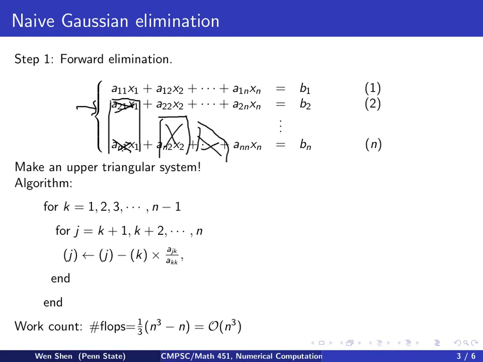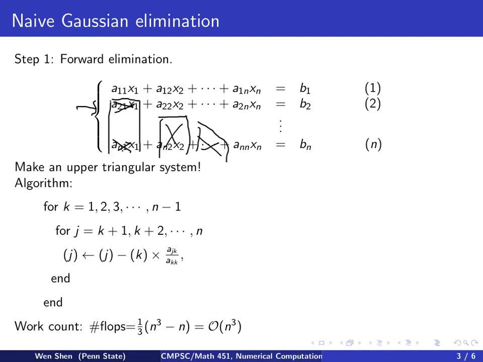And therefore we have the second for loop to do that. And then for each j, we take equation number k, multiply by a suitable constant, ajk over akk, and then subtract it from equation j to make that entry 0. And then we replace equation j with the result. Okay? And you end your 2 for loops.